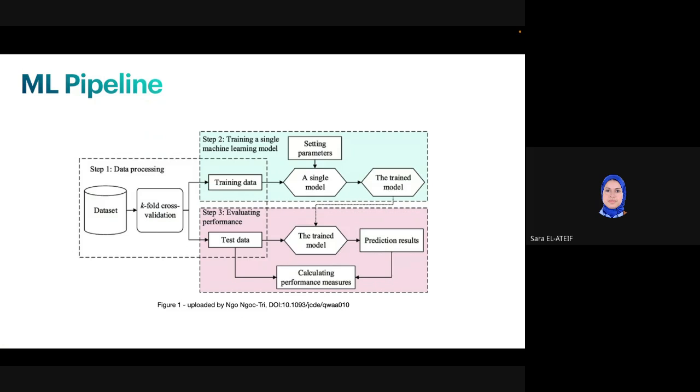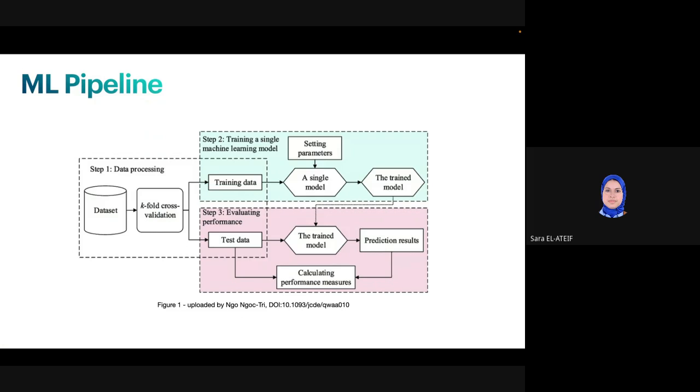So after ingesting the data, we normally split it into three different data sets: the training, the validation, and the test. The training and the validation aim to teach the model about our task. Meanwhile, the test data aims to evaluate the performance of the model on that specific task.